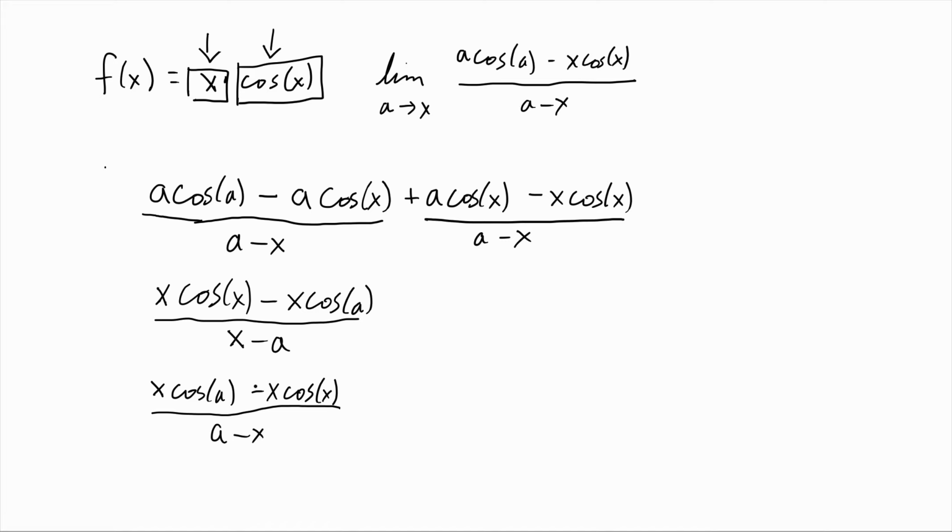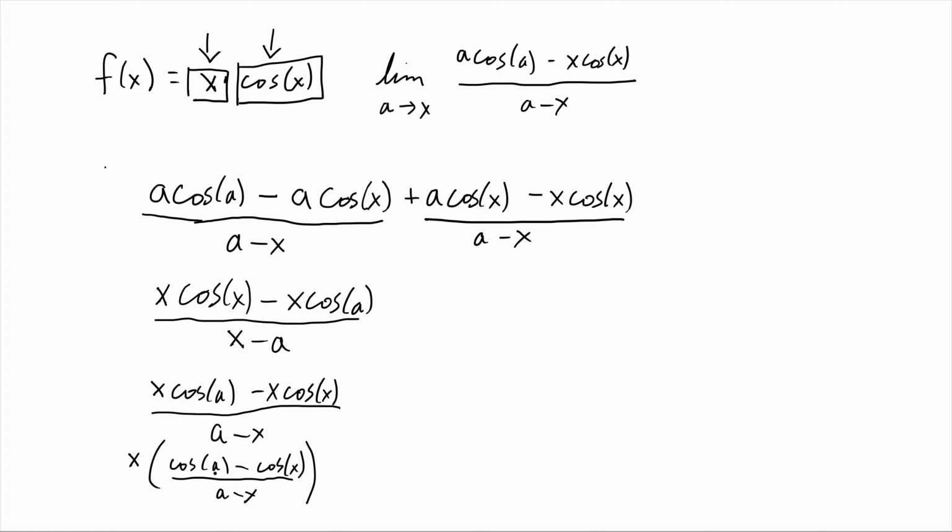Now, if I were to factor out the x here, realize that a is the thing that's changing in the limit as a approaches x. Factor the x out, and we're left with cosine of a minus cosine of x all over a minus x. Huh. This looks like something that will actually limit to the derivative of cosine, right?